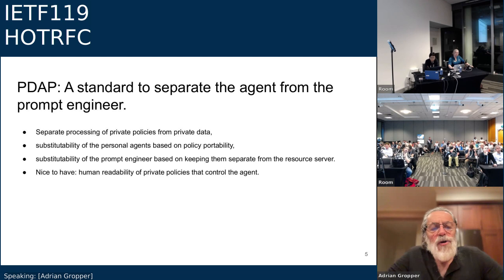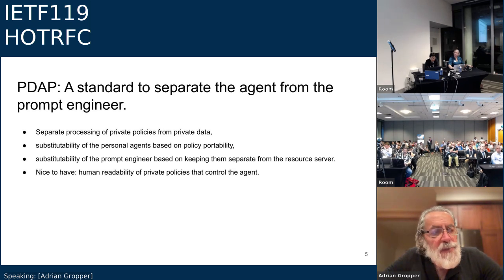So we're talking about building a standard on top of an IETF standard that was just approved in the last couple of days called GNAP, Grant Negotiation and Authorization Protocol. You'll see a link to it at the end of the slides, and there's a meeting on it on Wednesday.